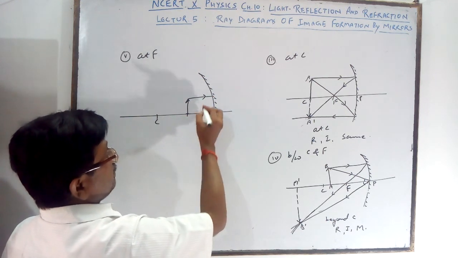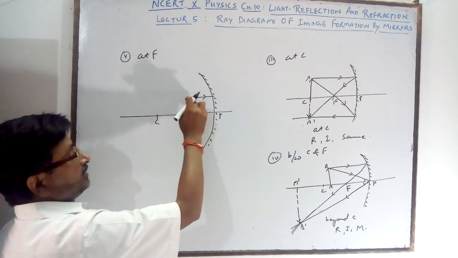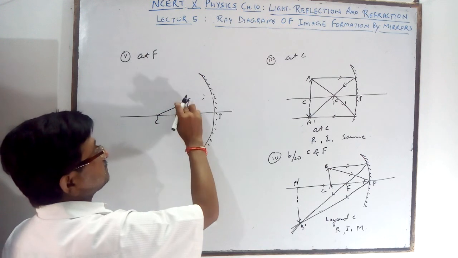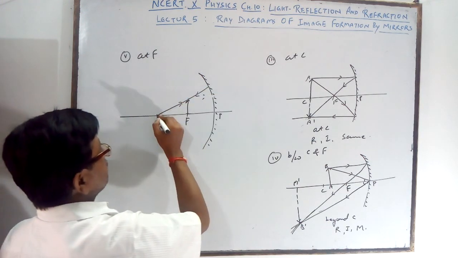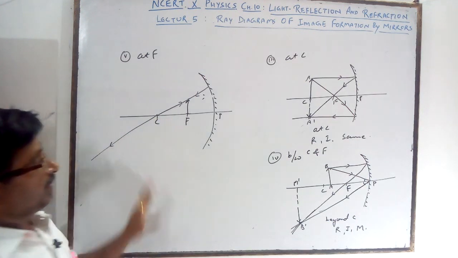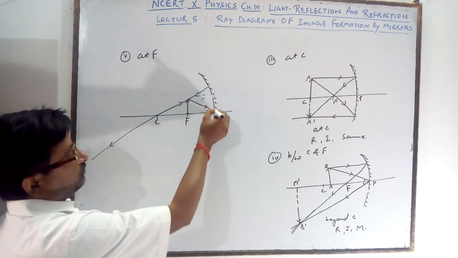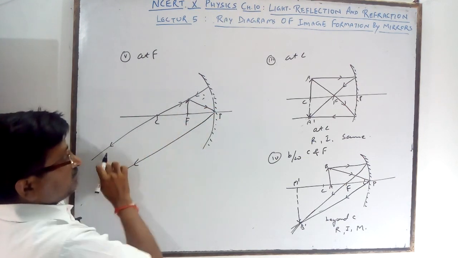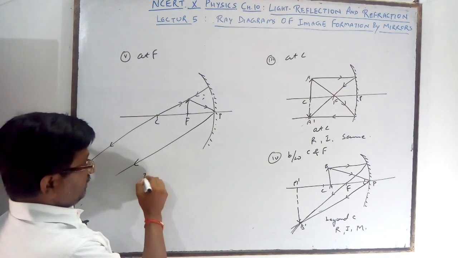It is confusing, because here at F the object is given, so you take one ray like this from C, center of curvature. It is going and coming back, so it will go like this. After reflection, one ray you take here, pole, and it will make this. You are getting both forming very far, infinity.